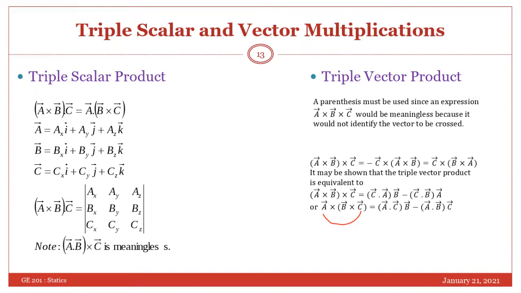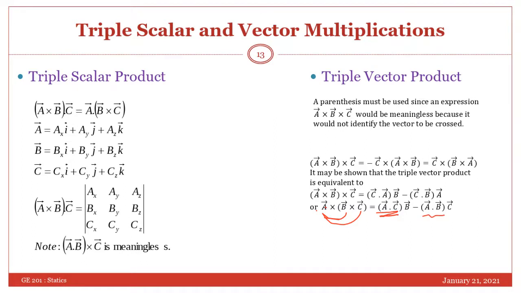Vector A dot vector C, and then keep the remaining. Second time you multiply first and second and keep the third remaining here. So vector A dot vector C, multiplied by vector B, because this is a scalar quantity, so it will enhance or decrease the magnitude of vector B. And here this is also a scalar quantity.